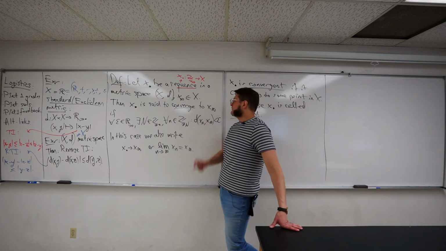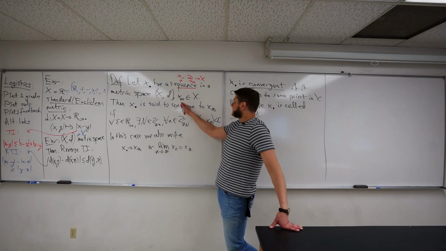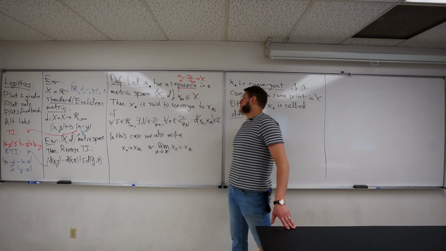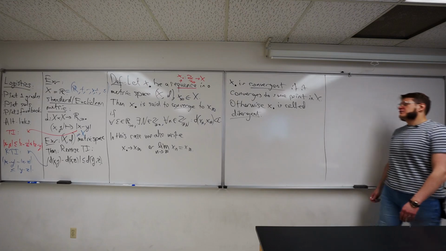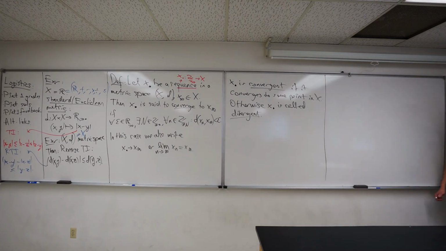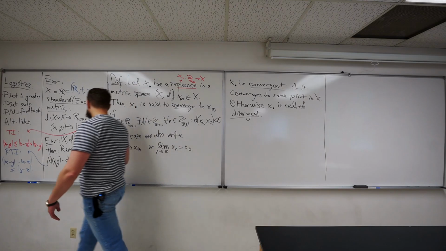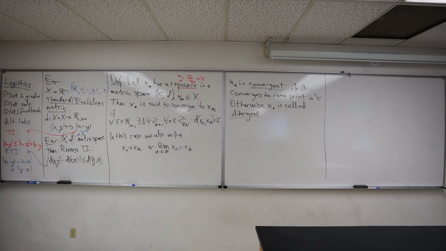And then I take an X infinity. Okay, this is a specific point. Then I'm going to call X bullet convergent to X infinity if you have this so-called epsilon delta, essentially, statement.